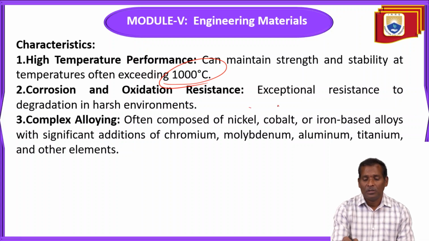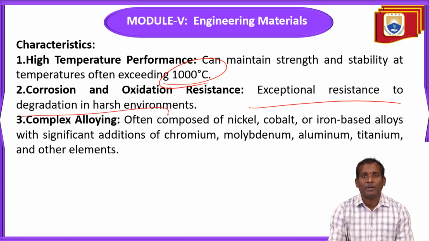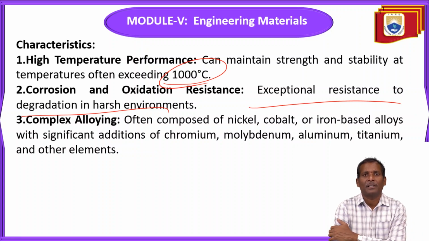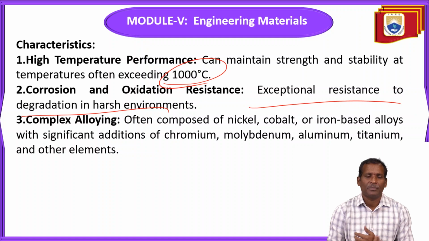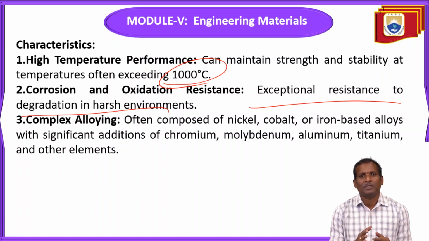This material has a high resistance to degradation in harsh environments. Whenever the component or material is exposed to harsh environments, there is a resistance to degradation or the oxidation process. Due to this property, you can minimize corrosion and oxidation.